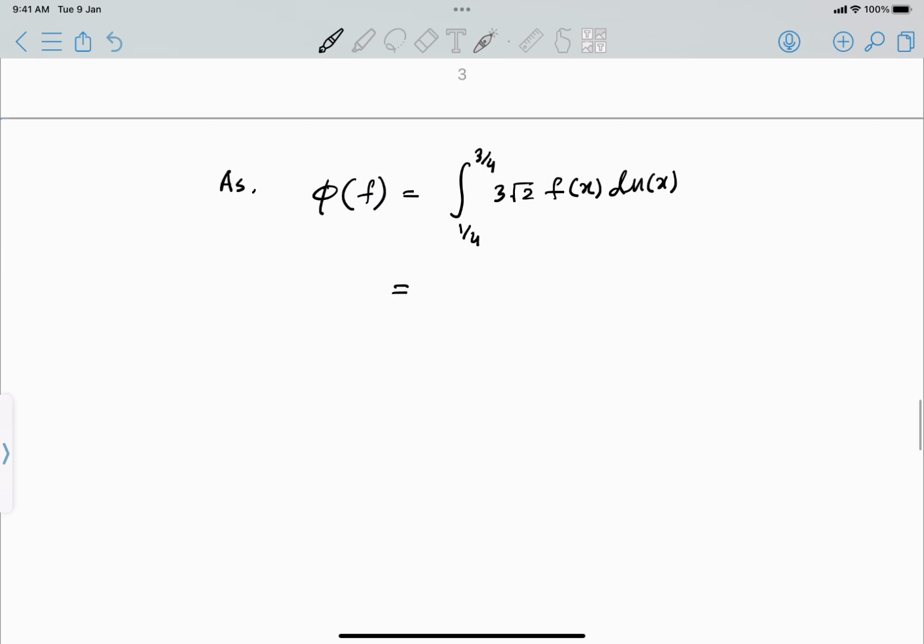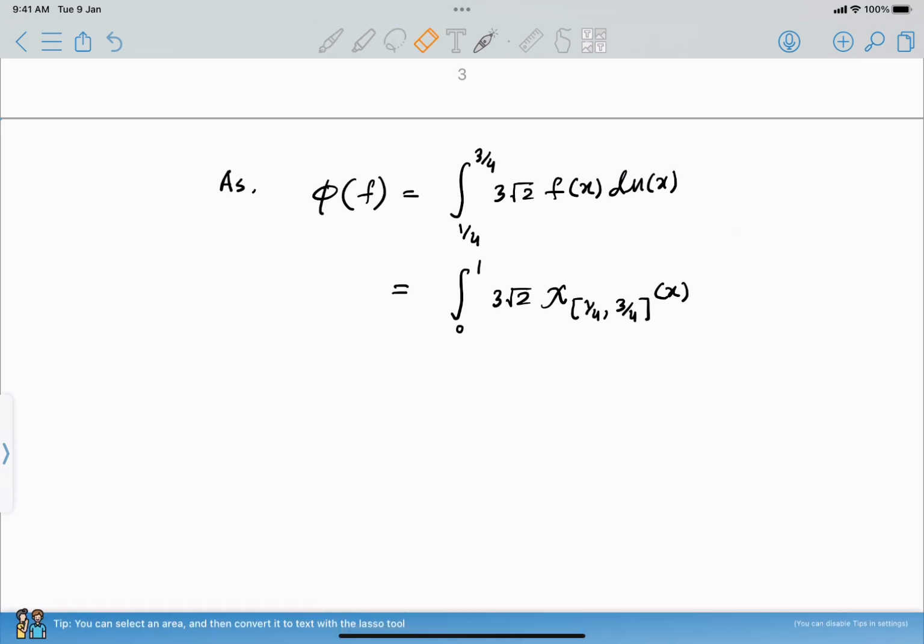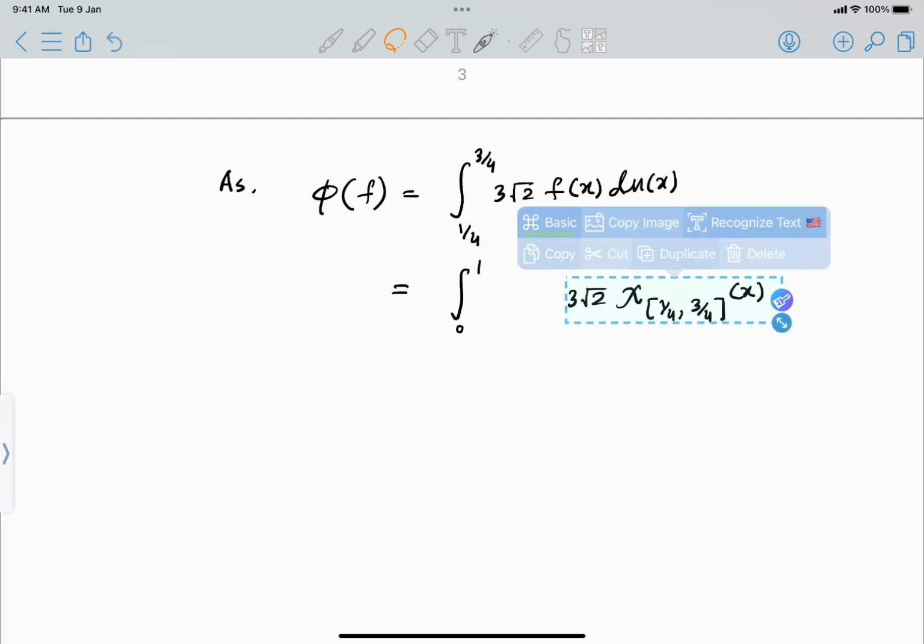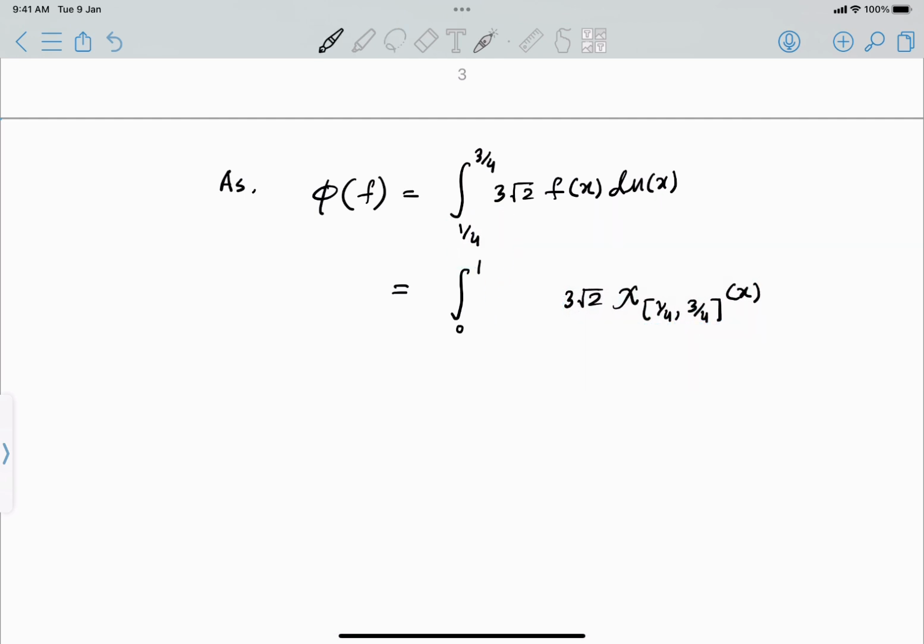This you can write as the integral from 0 to 1 of 3 root 2 times the characteristic function of [1/4, 3/4] at x, times f(x), d mu(x).